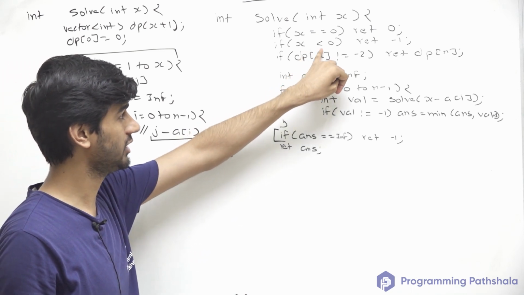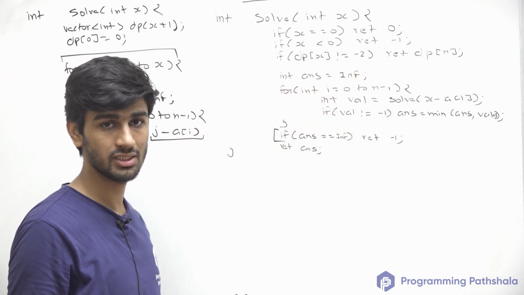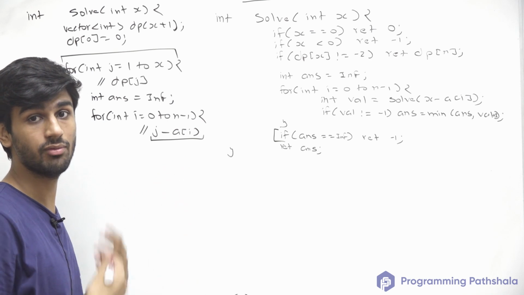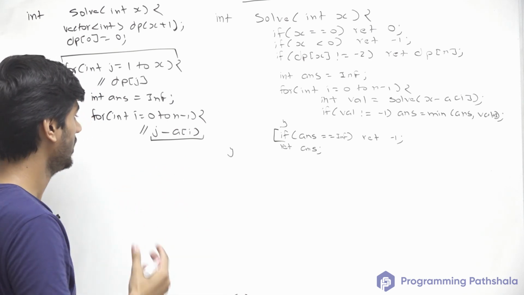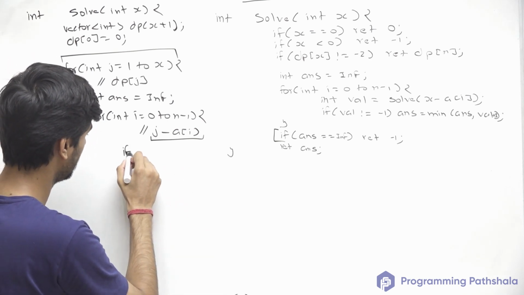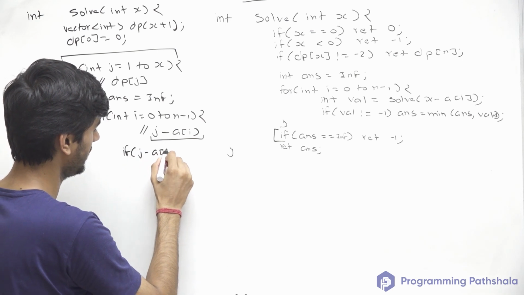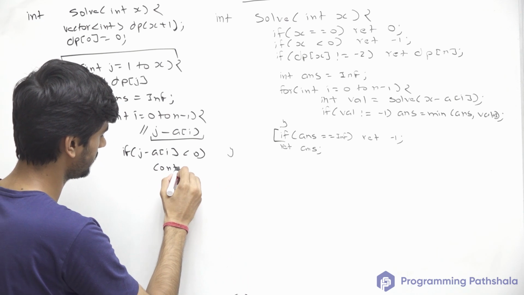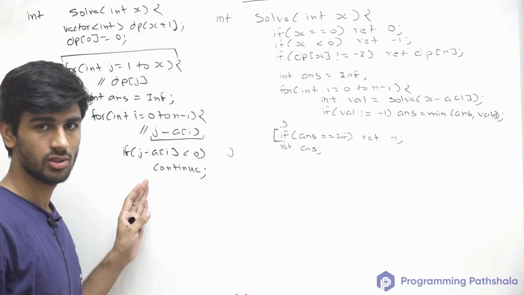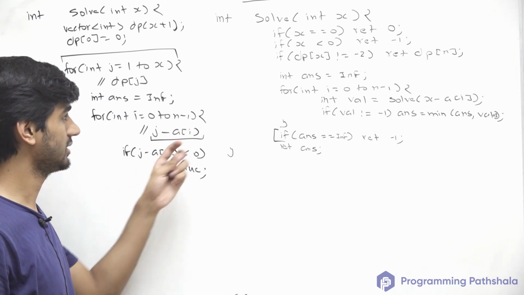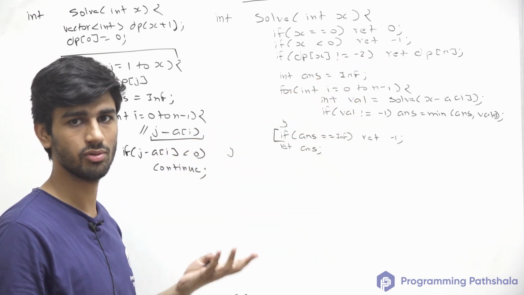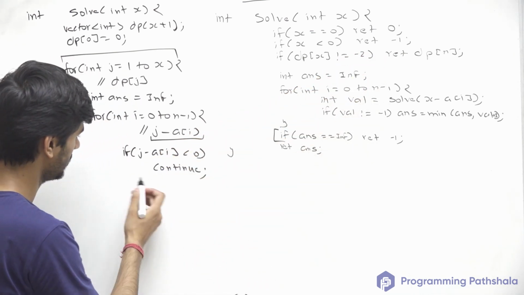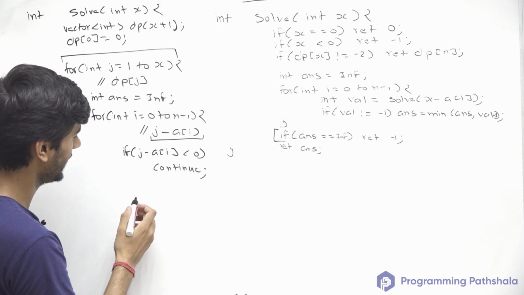Because if it is smaller than 0, in that case the answer is -1, and if it is greater than 0, then we must have already calculated the answer. So if j minus a of i is smaller than 0, we can just continue, or we can say that in this case the answer will be -1, and we don't want to consider that.